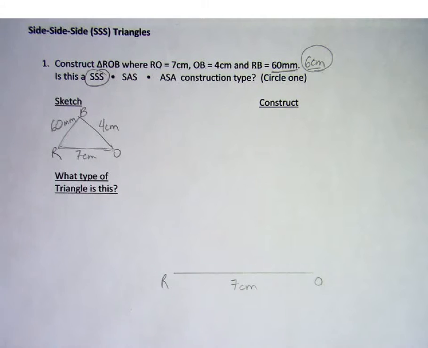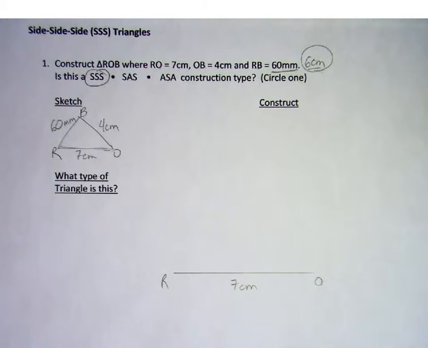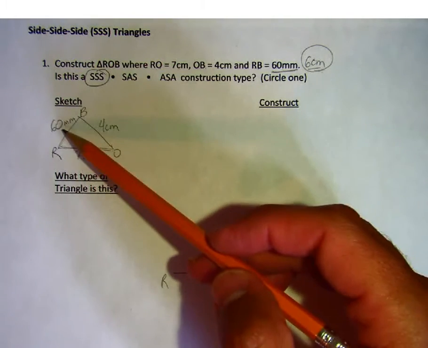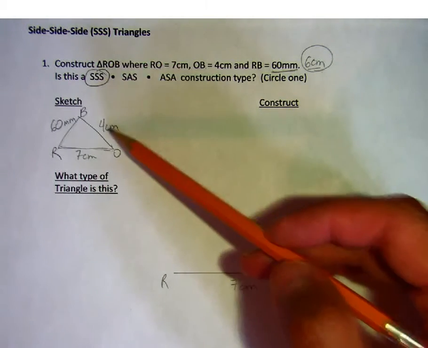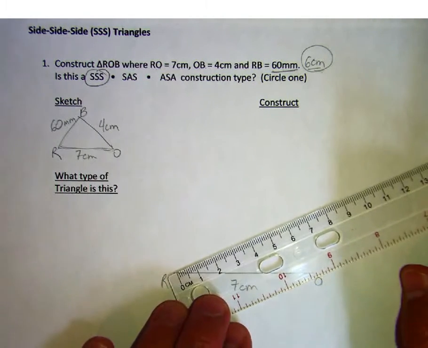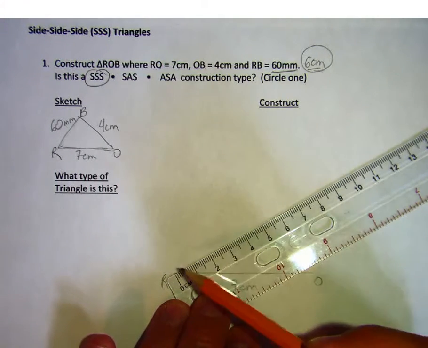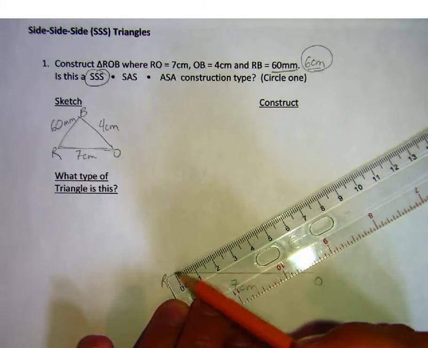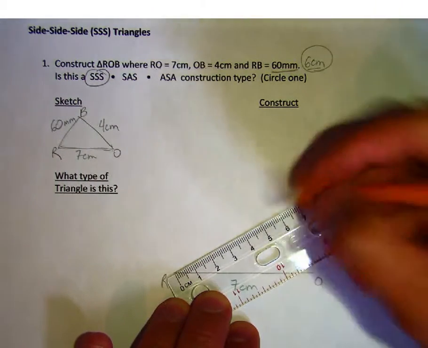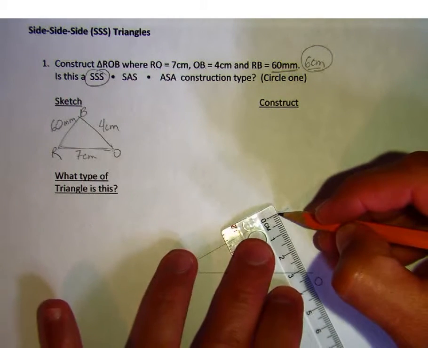Okay. Now, I want to figure out where this point B is. I know it's up here somewhere. I know it's 60 millimeters from here, and it's 4 centimeters from here. What kids often will do is they'll try to just guess. They'll try to make a line here 6 centimeters long, maybe faintly. They'll just guess. There's 6 centimeters. And then try to go and attach it to the other side.